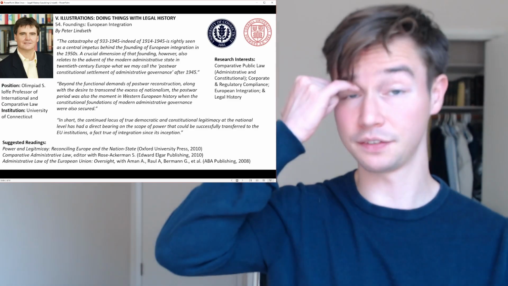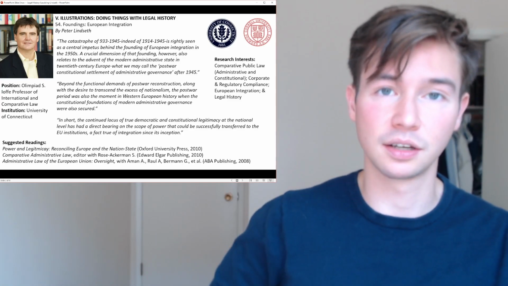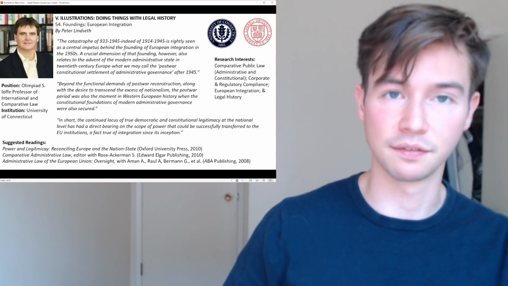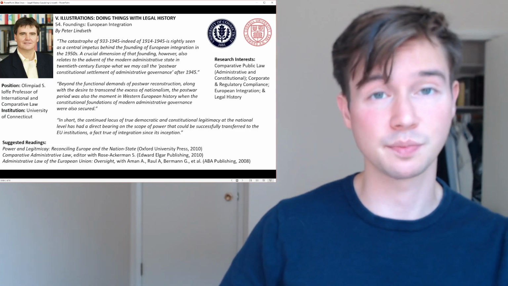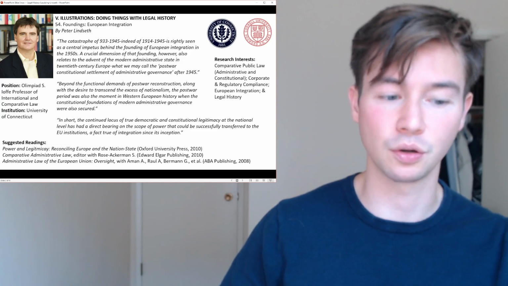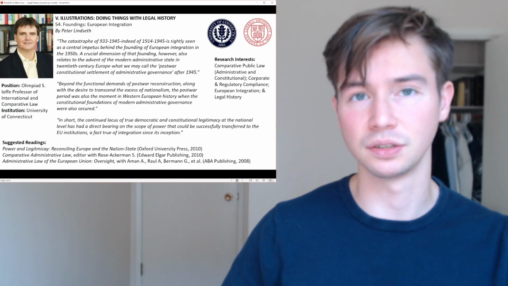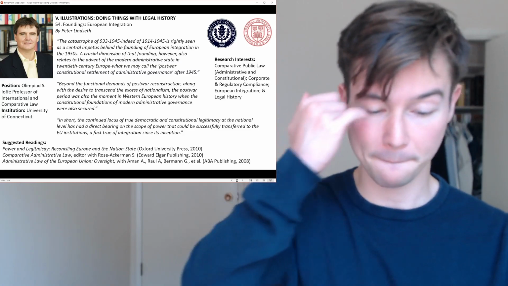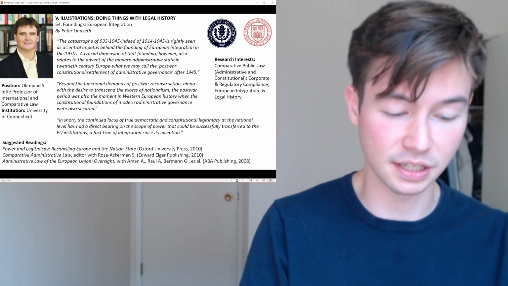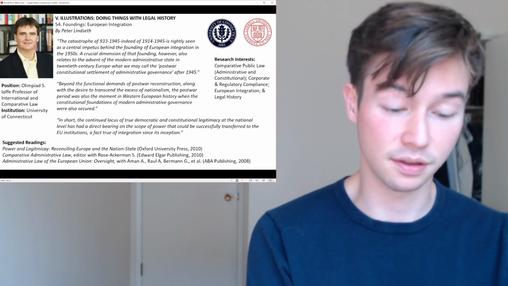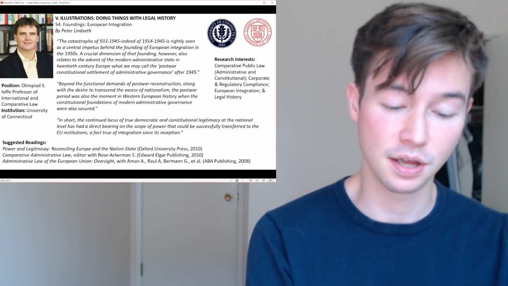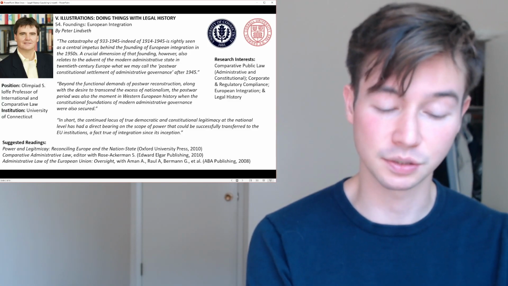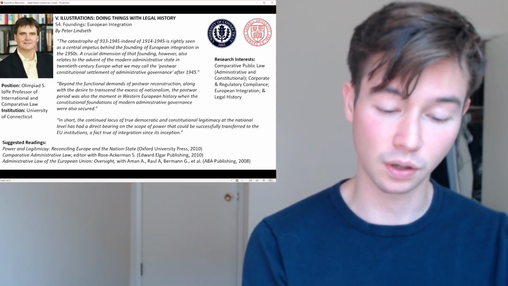So one of these differences is that at the community level they actually have greater responsibility because they're responsible to, for example, the European Court of Justice, whereas at the national level they're only really responsible within their own jurisdictions.